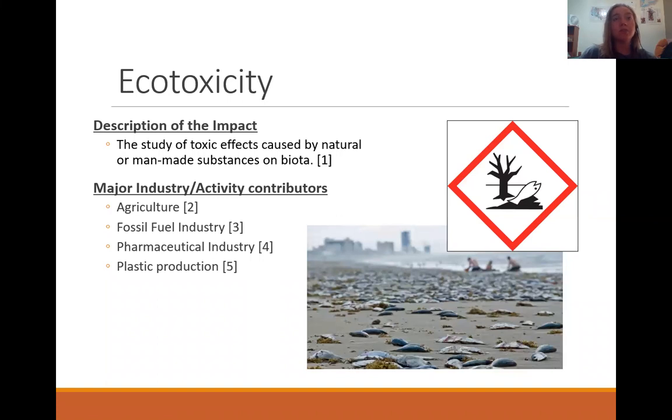The pharmaceutical industry, if these chemicals aren't disposed of correctly, as well as plastic production. We all know about microplastics and stuff like that. So as long as we are sustainably sourcing and creating plastic, that is all fine and good, but sometimes it'll still end up in our waterways and environment and end up potentially bioaccumulating.